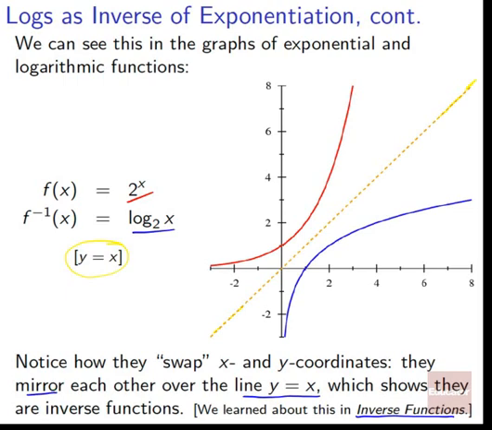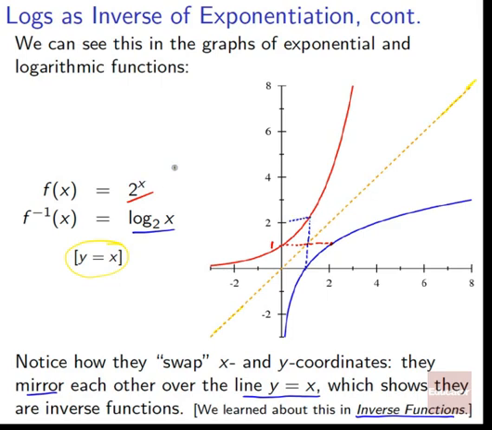So for example, if we look at log base 2 at 2, it comes out to be a height of 1. And then if we look at our 2 to the x at 1, it is a height of 2.